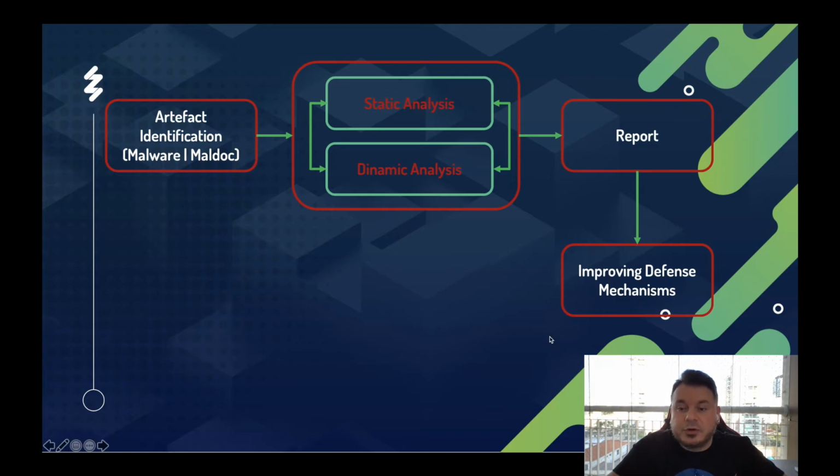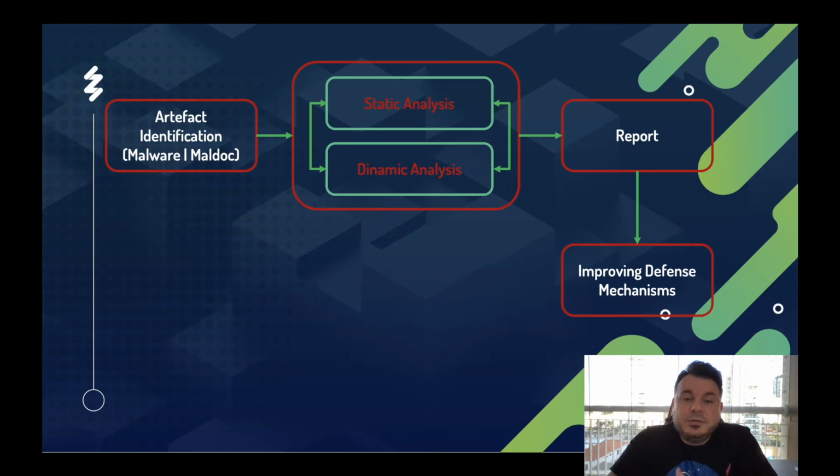You can improve your defense mechanisms, because if you understand the real path of this artifact, you can improve your defenses. For example, if this malware bypassed some security sensor that you have, you can make some adjustments in the settings or something like that.